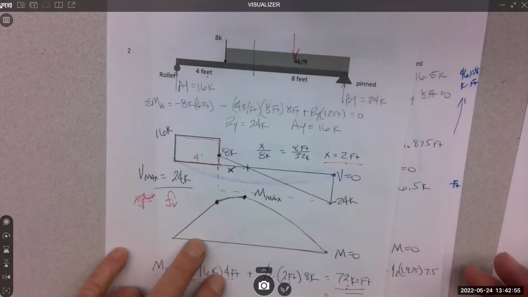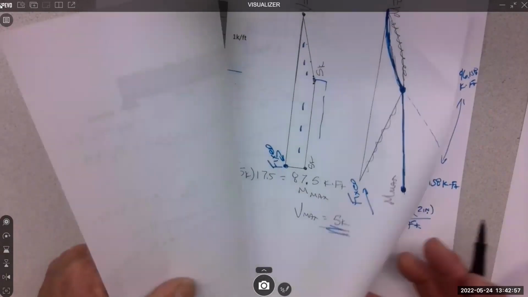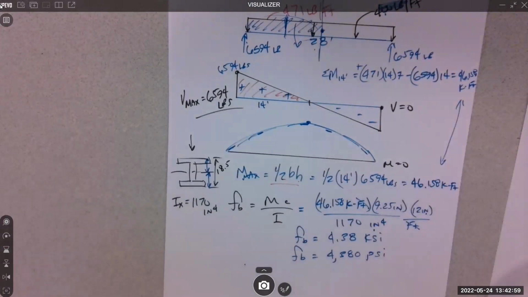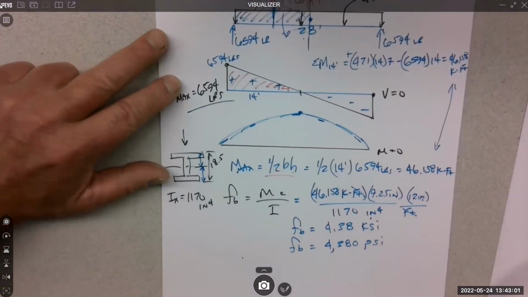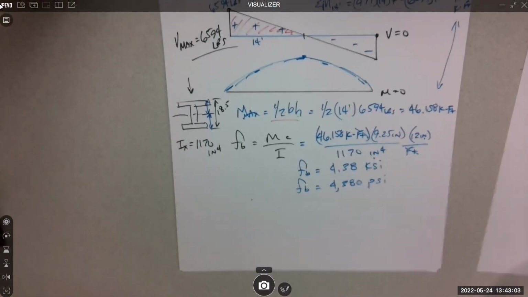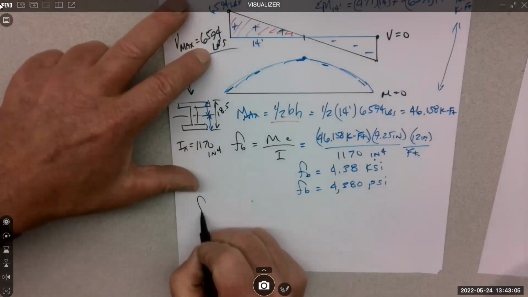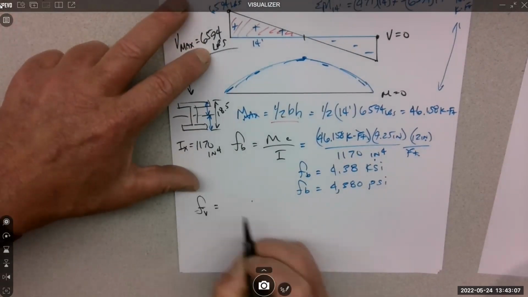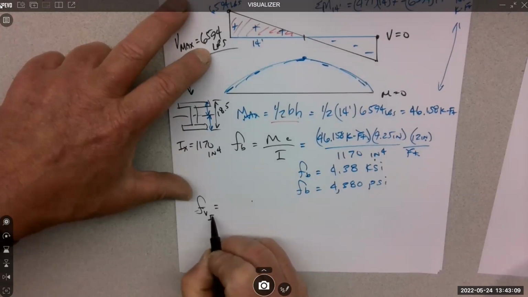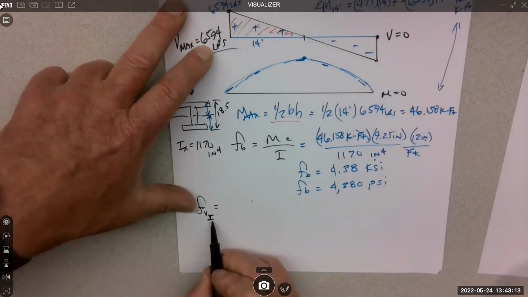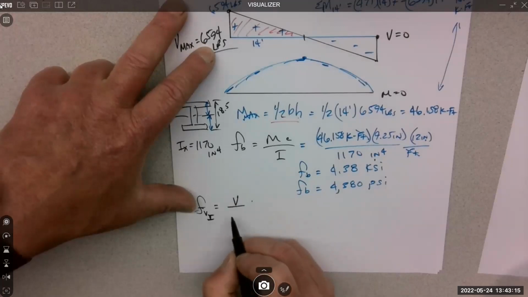Oh, I see it down there. There we go. So the shortcut for shear stress for an I shape, and I try to always put a note down what shape I'm working with, is V over DTW.